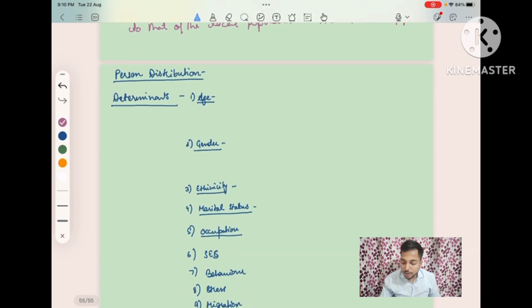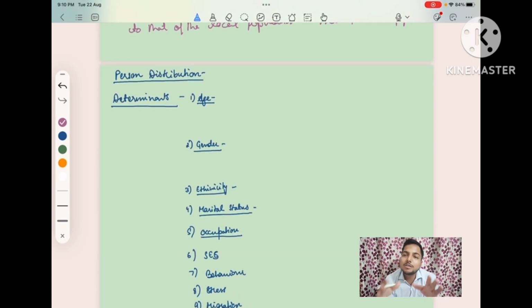Okay, and now third comes person distribution. Disease varies from person to person because of age, occupation, marital status, and many more things. If we talk about age, measles occurs in children, whereas rubella has a bimodal distribution.